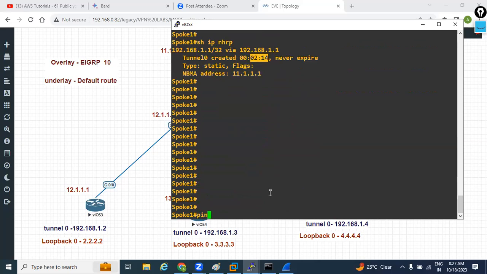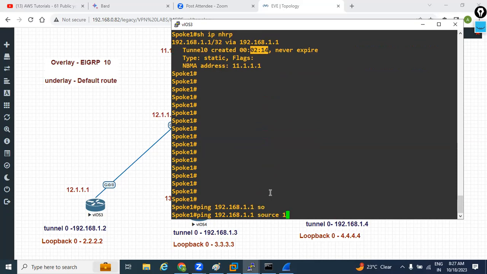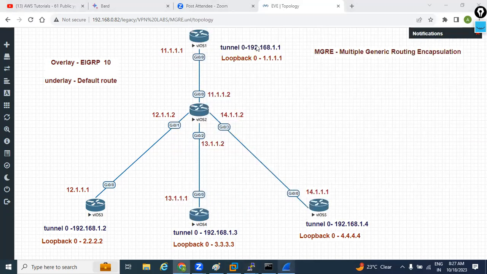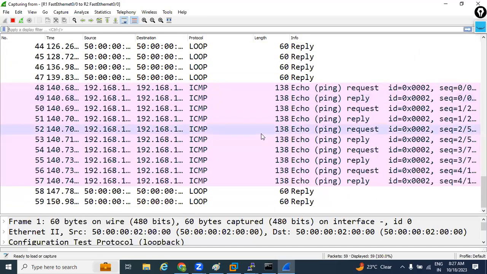Now, ping 192.160.1.1. Who's 1.1? Hub. Source 192.160.1.2. I am able to ping, even though we have not done any kind of mapping on the hub.